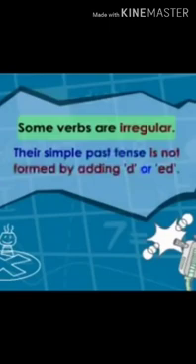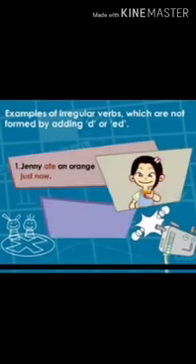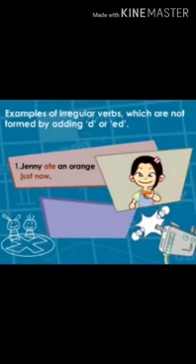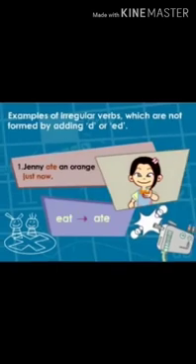However, some verbs are irregular. The simple past tense is not formed by adding d or ed. Let us look at some examples of irregular verbs which are not formed by adding d or ed. Jenny ate an orange just now. Eat, ate. Here eat is the verb and ate is the second form of the verb.